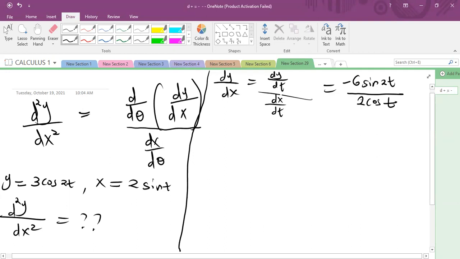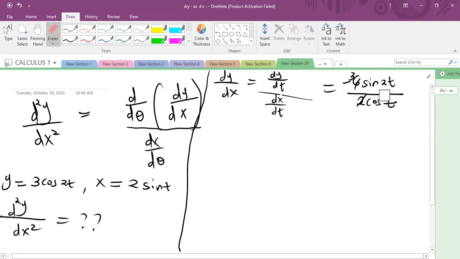So that's our answer. We can simplify this. 2 goes here, 2 goes here. We have 3. Sin 2t over cos 2t is the same as tan. So this is the same as minus 3. Is this cos 2t? No, we can't combine this.